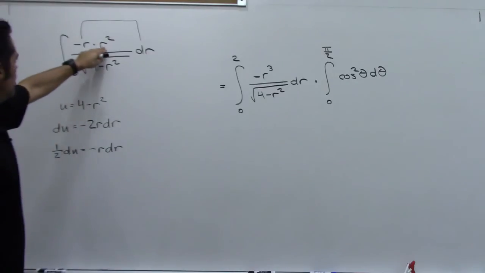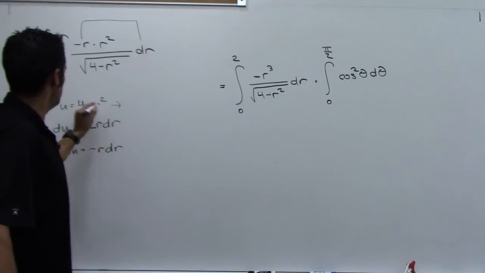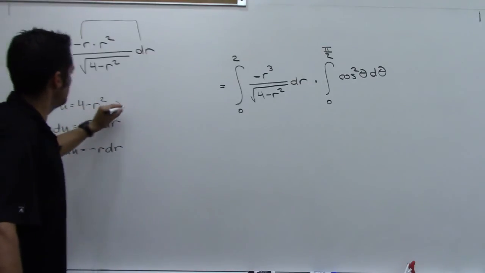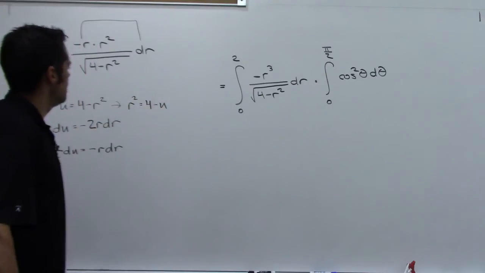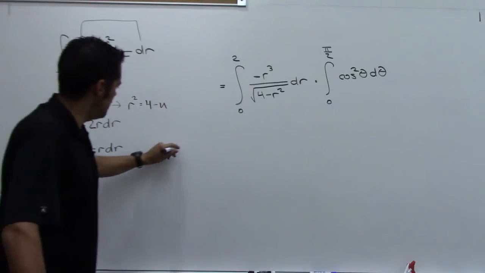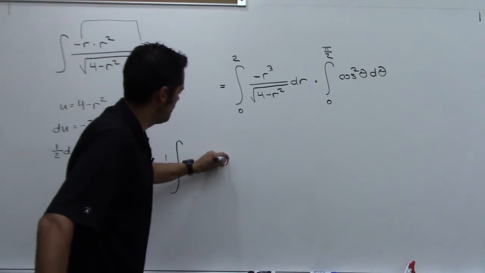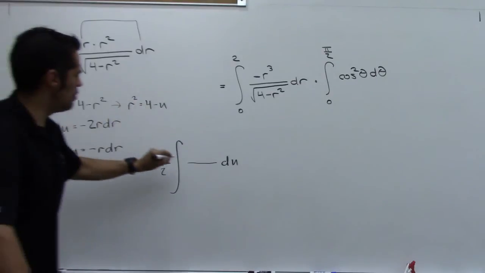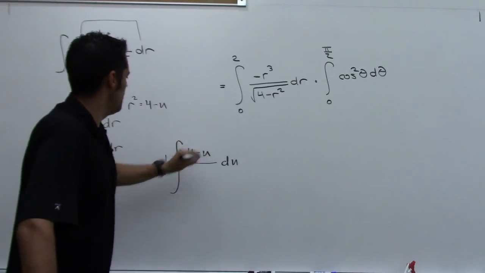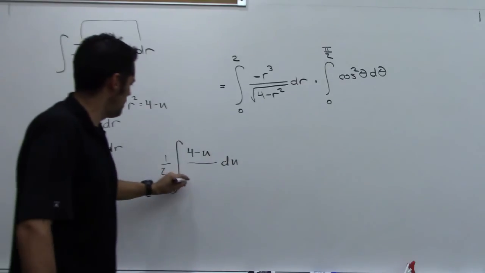And then to figure out what r squared is going to become, just solve this for r squared. So move the r squared to the other side, subtract the u. R squared equals 4 minus u. So just that integral right there becomes, see, the 1/2 came out, 1/2 du. And then on the top, I have the r squared, which is 4 minus u. And on the bottom, we have the square root of u.